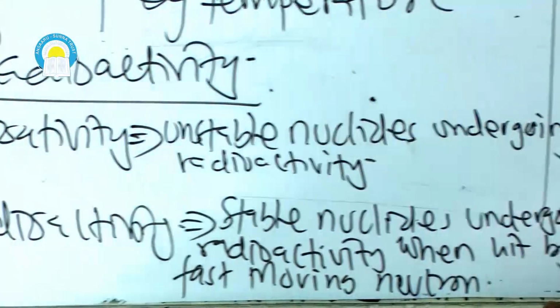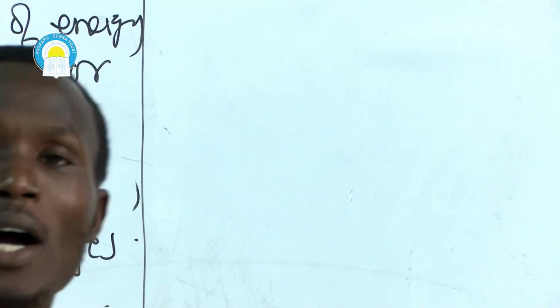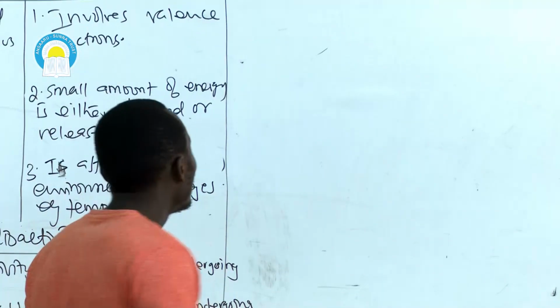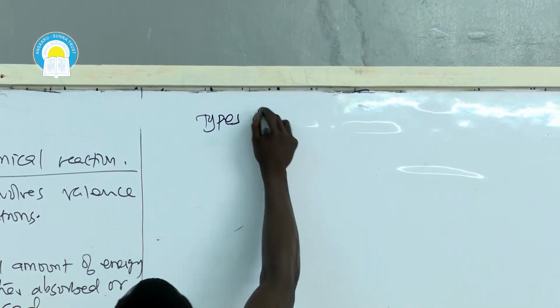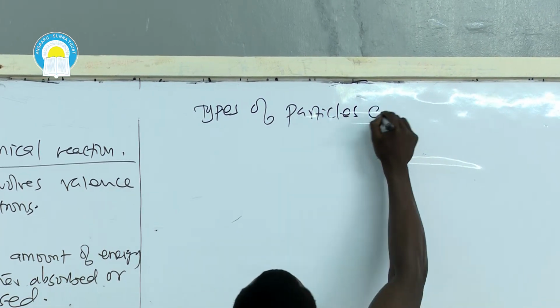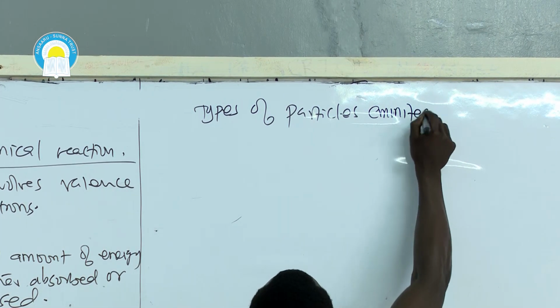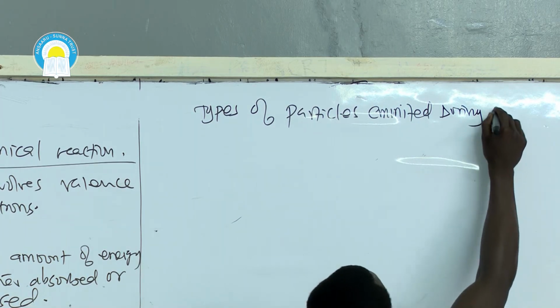Two, we have beta particle. Three, we have gamma rays.